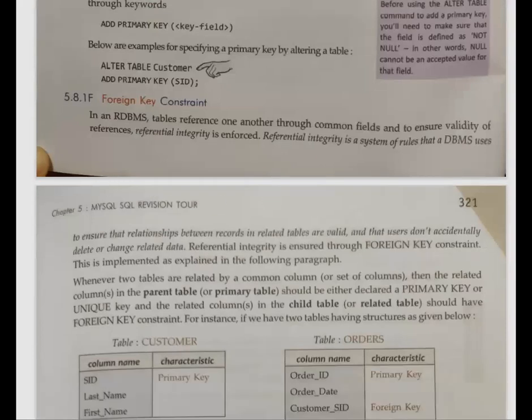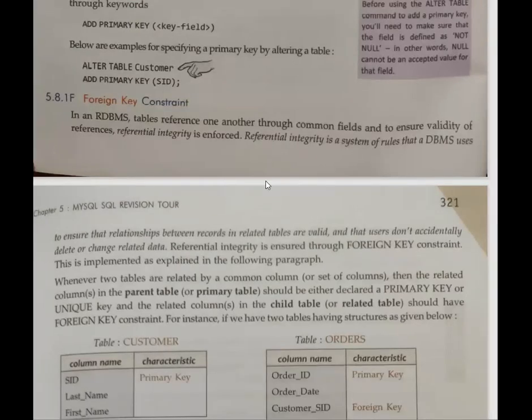Yesterday we did all the other constraints and the differences, and we also discussed that a foreign key is generally used to set a relation between two tables, and something is compulsory when we are making a foreign key. I have already explained what is compulsory if you want to make a foreign key.